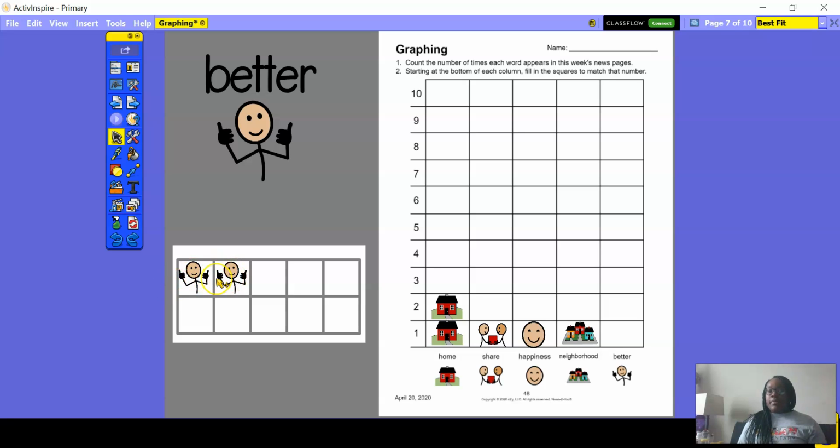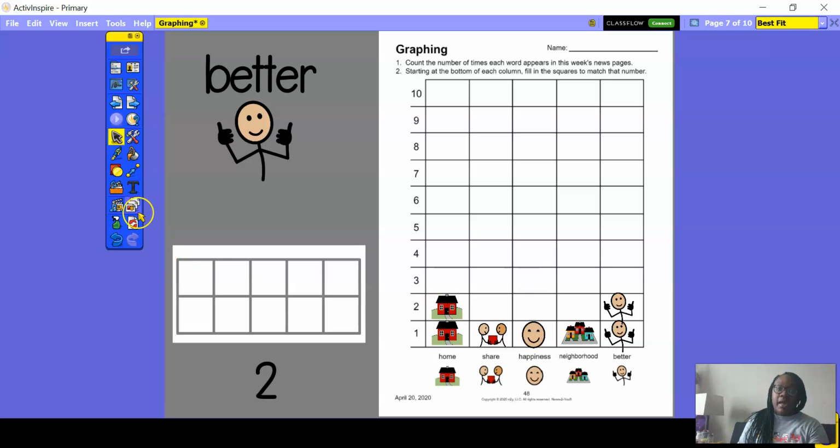We saw the word better 2 times in our story. And so that is why the number 2 is here. All right, so remember we start from the left and we go to the right. So I'm going to take my picture and put it on my graph. Take my second picture and put it on my graph.